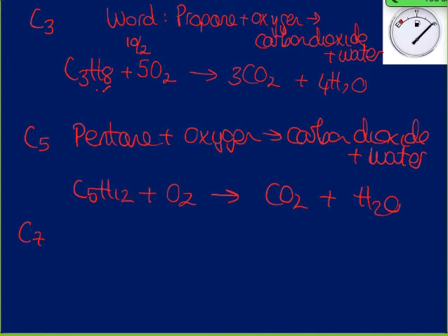Okay, so I have 5 carbons this side. I have to have 5 carbons this side. I have 12 hydrogens on my left. I have to have 6 waters over here. I then work out how many oxygens I have. So I have 5 by 2 is 10 O here, plus 6 by 1 is 6 O here. So I have 16 oxygens, which is 16 over 2, which is the same as saying 8.